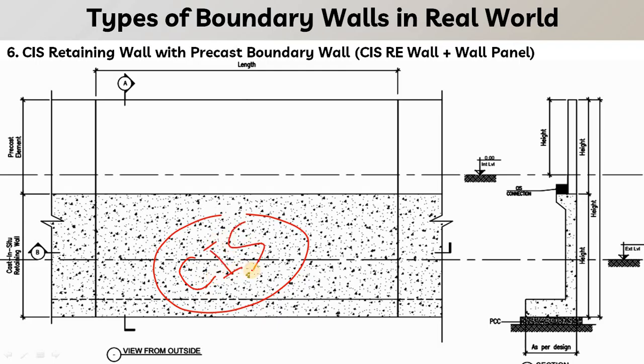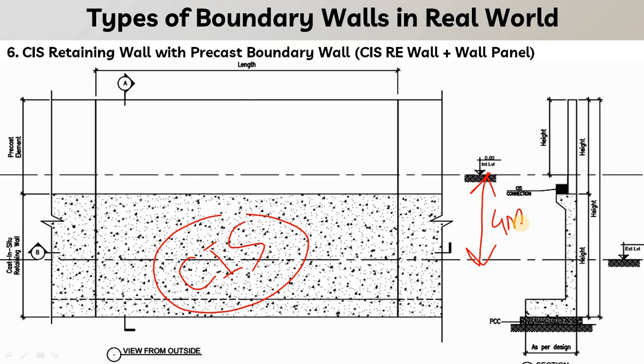Why? The reason is that it may happen that the retention will be more than 4 meter, or depending on the site situation it is not feasible to make a retaining structure in precast.